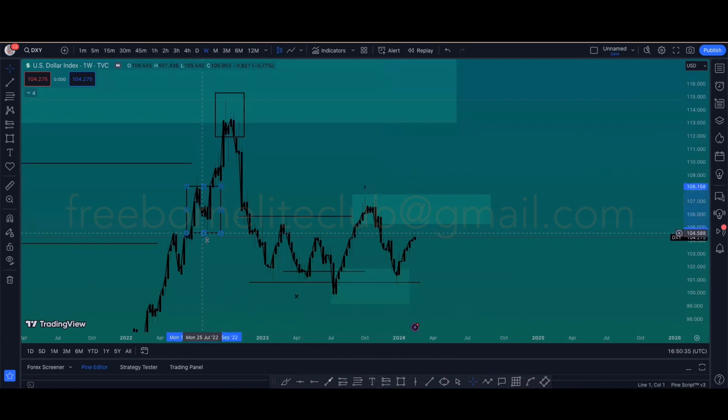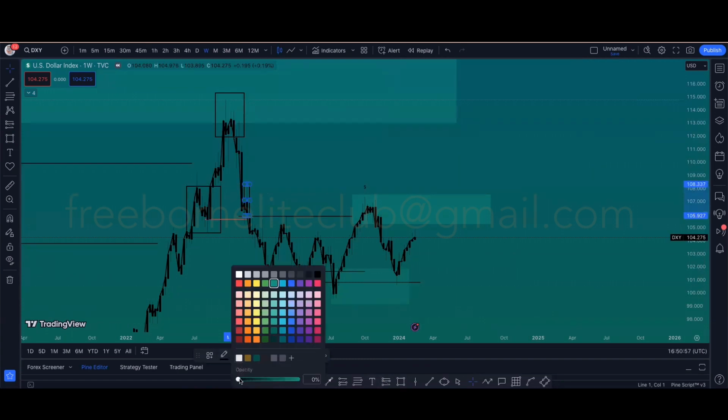This is accumulation, right? So this was where we have our break of structure to the downside. Now after having our break of structure to the downside over there, this is our other block, where the market, where those orders activated from. Went down.